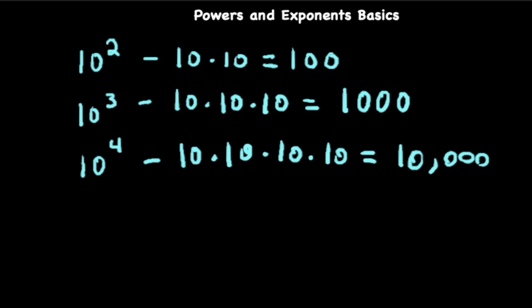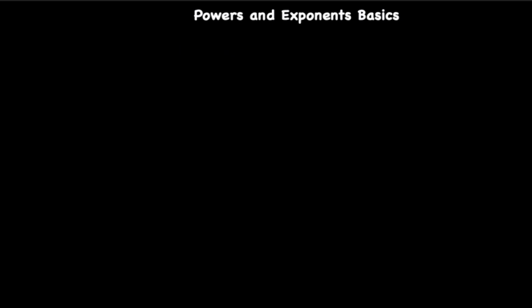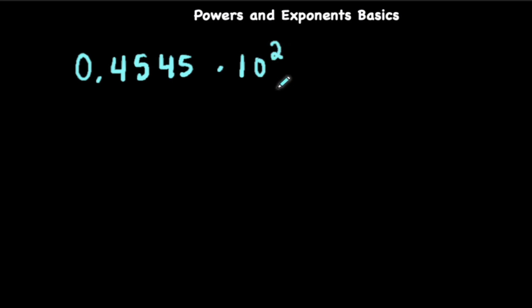So I'm going to go ahead and talk about multiplying powers of 10. When multiplying by powers of 10, we're simply moving the decimal point the number of places given by the exponent. For example, if you're given a number like 0.45, I'm just going to use a repeating decimal here, 45, and that's multiplied by 10 squared, all you're doing is moving your decimal point 2 places to the right.